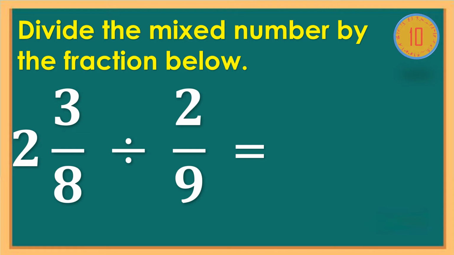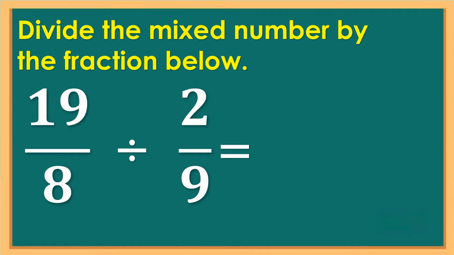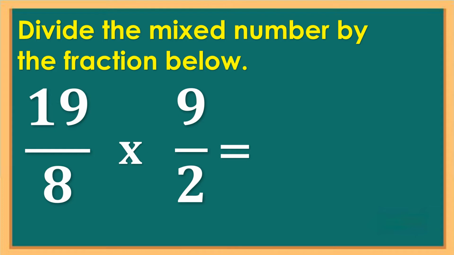Divide the mixed number by the fraction below. 2 3/8 divided by 2/9. 2 3/8 becomes 19/8 divided by 9/2. 2/9 becomes 9/2, and the division sign becomes multiplication sign.